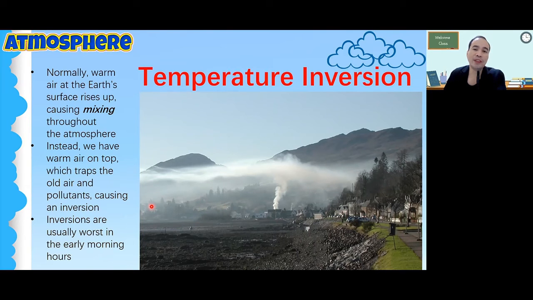Can you just imagine, M1, if you have lots of factories here, that means lots of pollutants will be trapped in the temperature inversion. Therefore, temperature inversion can cause a bad effect to our body, because as you walk here, you are inhaling more of these pollutants, which can make you sick.